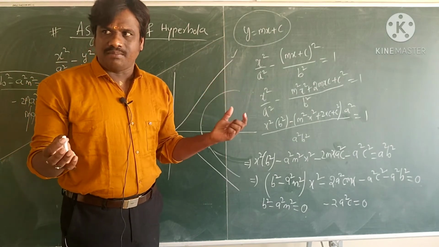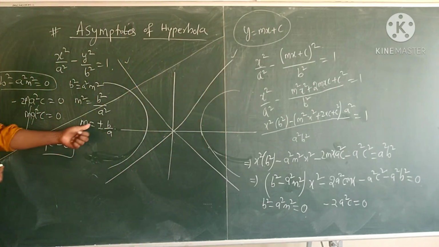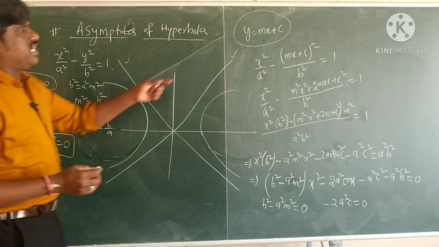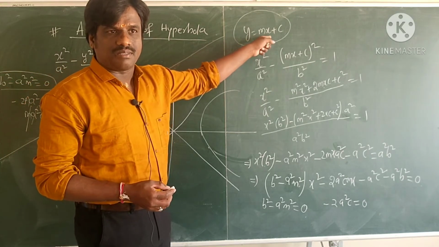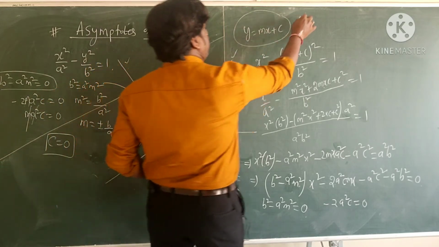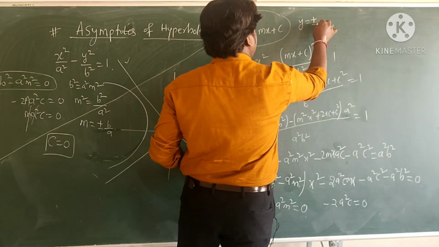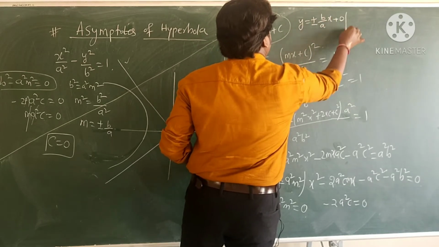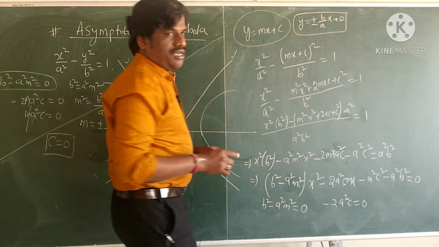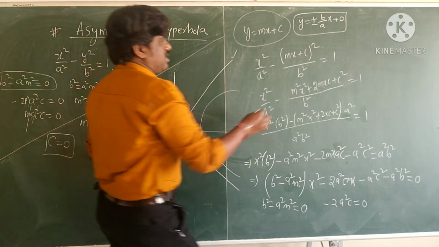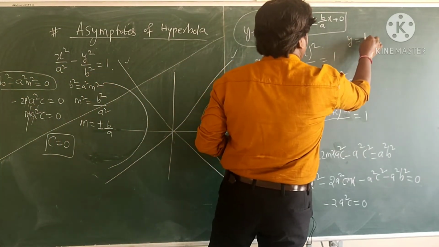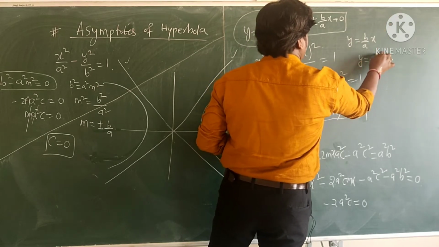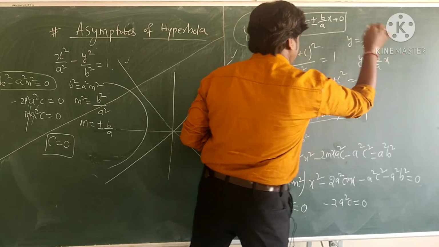So what are the asymptotes here? m you got as plus or minus b by a, c is 0. If I substitute in the line equation y is equal to mx plus c, what do I get? y is equal to plus or minus b by a into x, and plus c is 0. It means the asymptotes are: one asymptote is y is equal to b by a into x, another asymptote is y is equal to minus b by a into x.